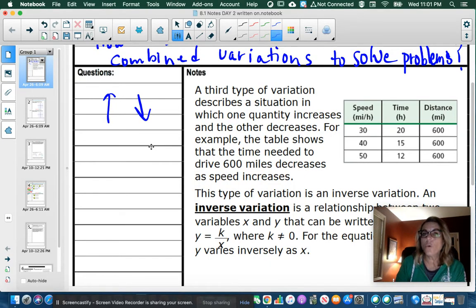So this kind of goes with what I said in the last video. I said it was the wording. The faster I drive, the quicker I will get to my destination. The way it's worded here is, if I go 30 miles per hour, it's going to take me 20 hours.